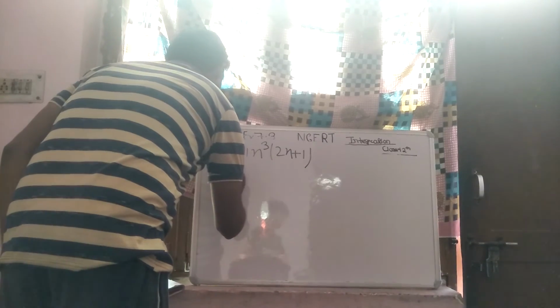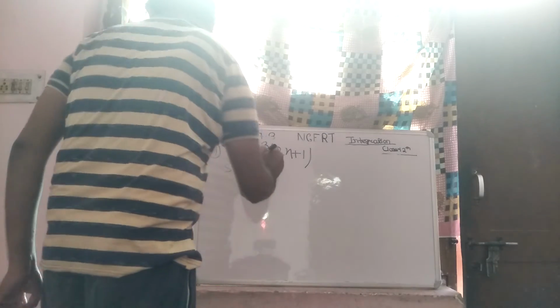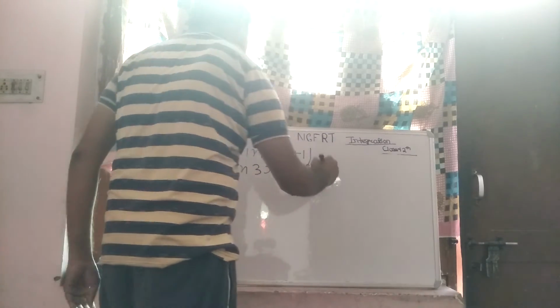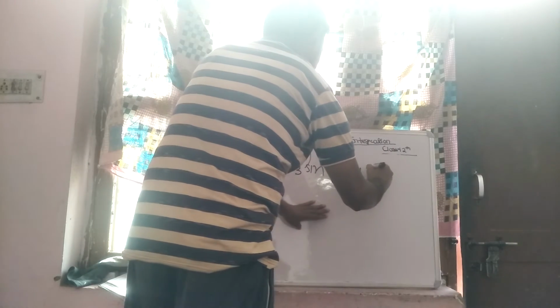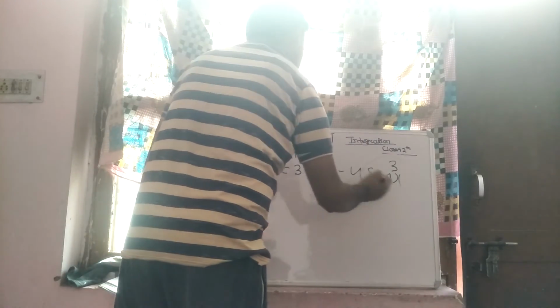Next, sin 3x. We know that sin 3x equals 3 sin x minus 4 sin cube x. This is the formula. We have to find sin cube x on the LHS.